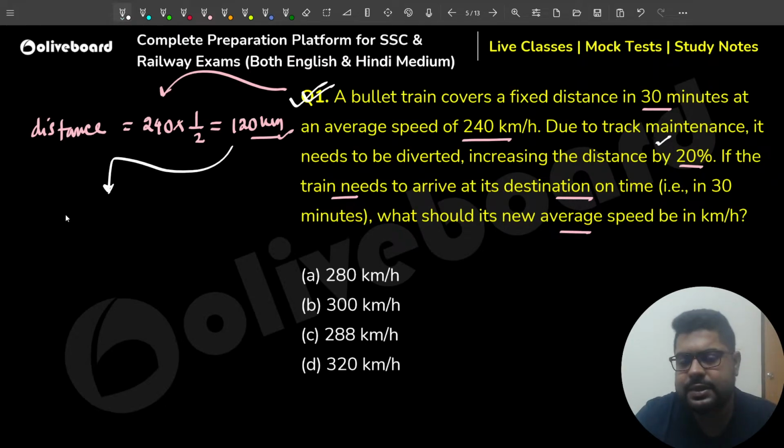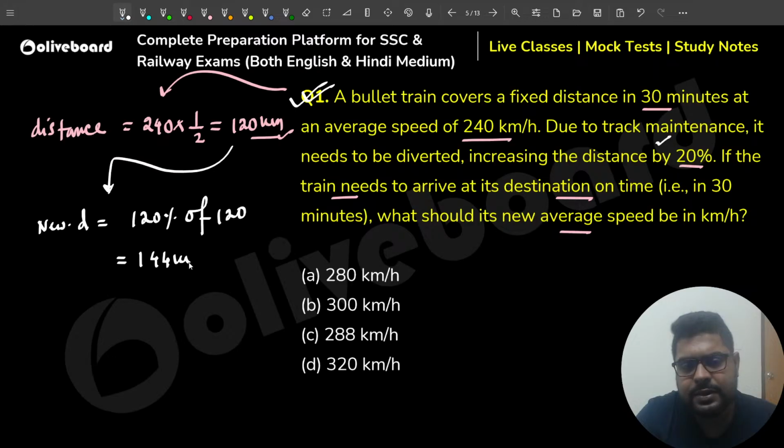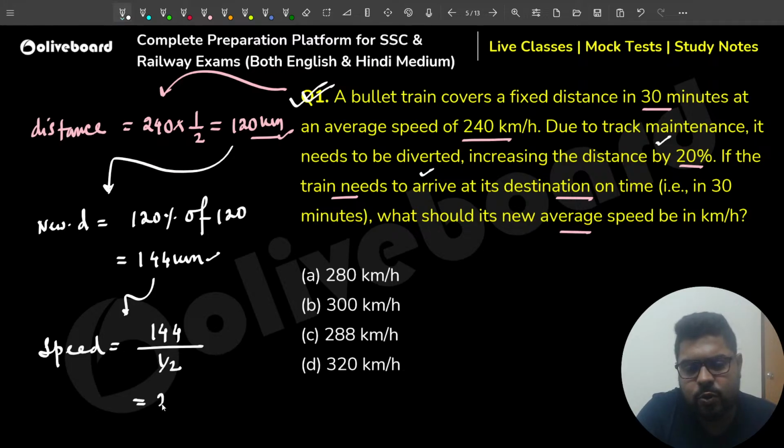So the new distance is 120% of 120 kilometers, which is 144 kilometers. Now they want to arrive at the destination on time, meaning within the 30 minutes. So what should be the speed? The speed required will be 144 divided by 30 minutes, meaning half an hour. So this will be 288 kilometers per hour.